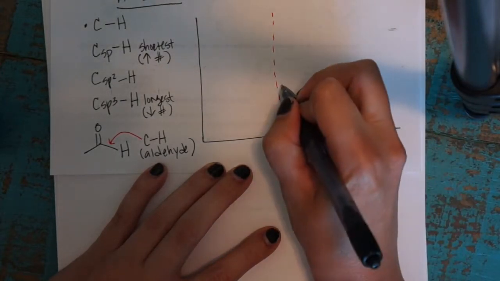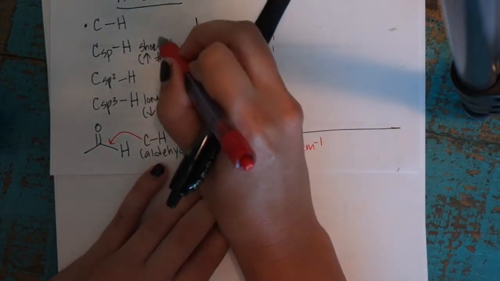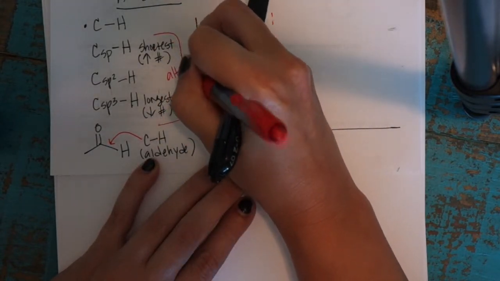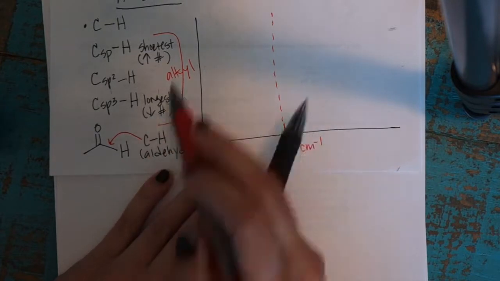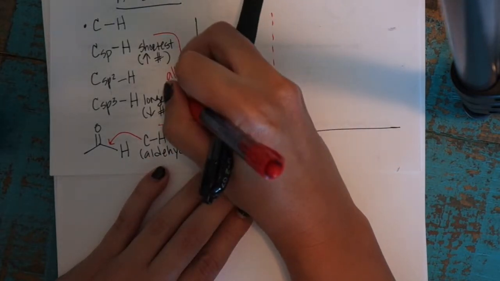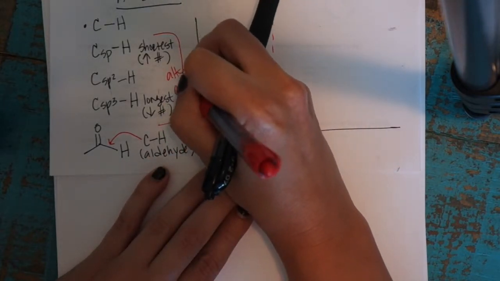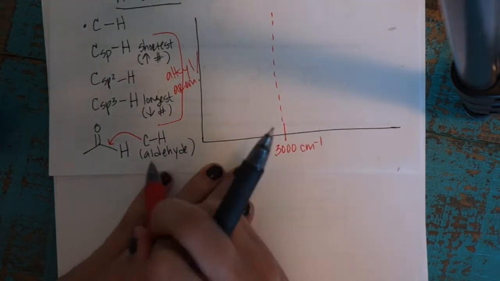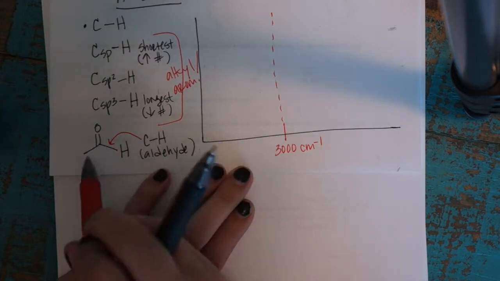I'm just going to talk about these first three. These are normal CHs, meaning alkyl or aromatic or vinyl, as opposed to the aldehyde one. We'll talk about that one last.